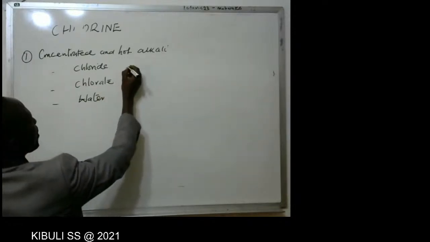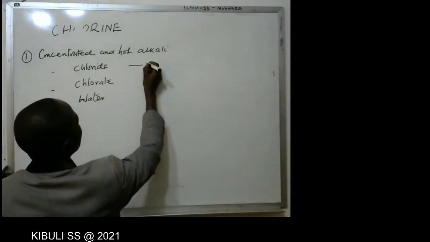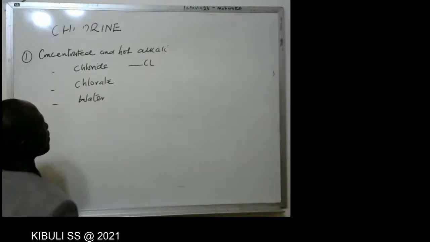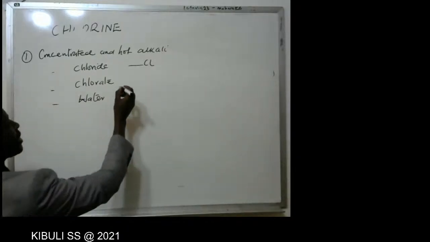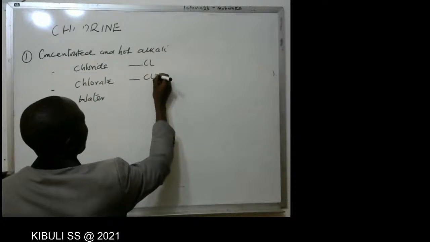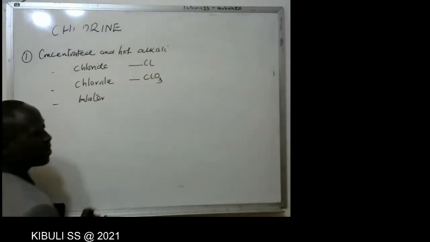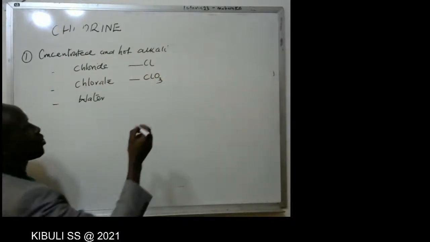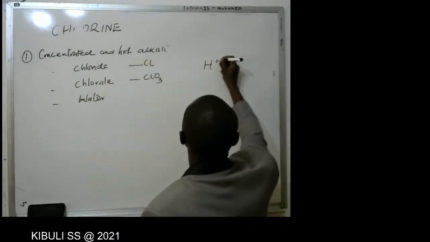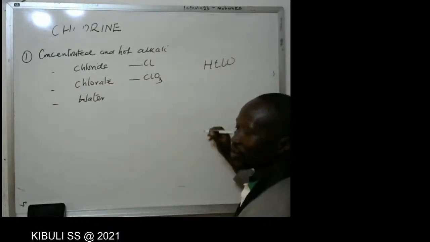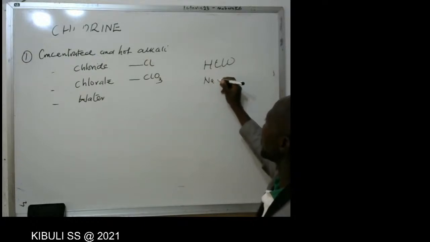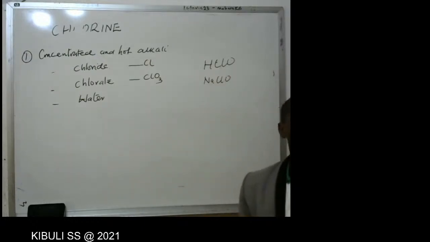So what's the formula of the chloride? I am putting dash Cl here. I am putting dash ClO. This time it is what? 3. You can write it as NaClO, the hypochlorite with 1 oxygen.